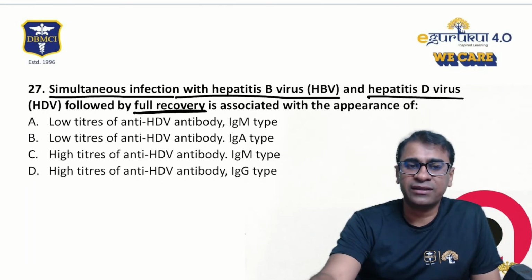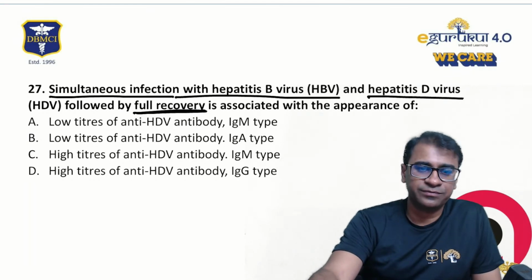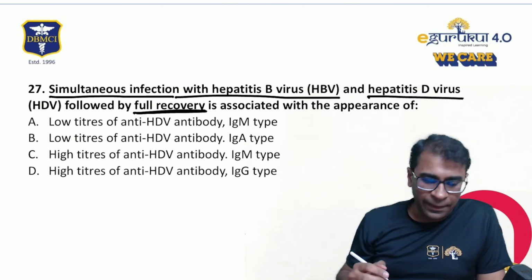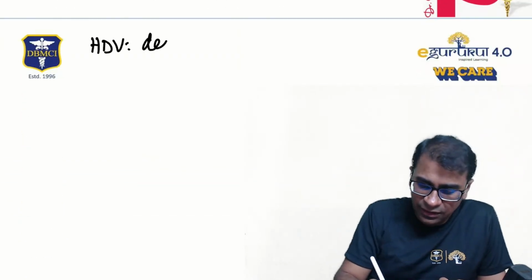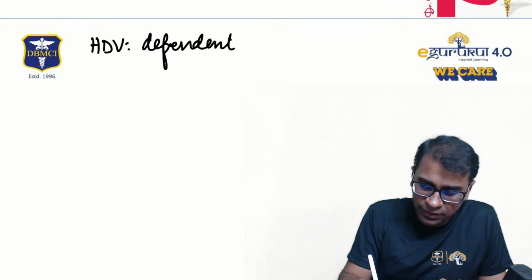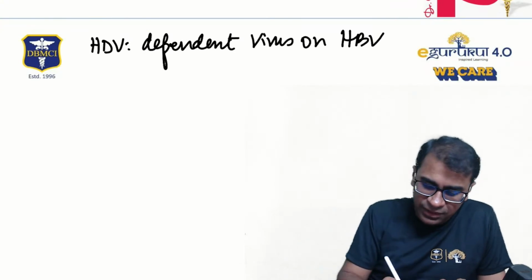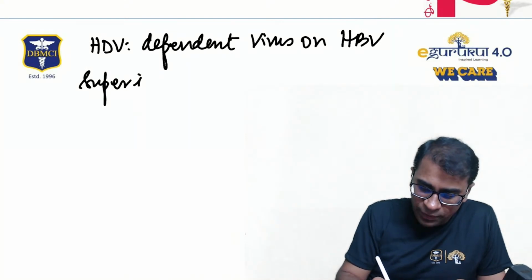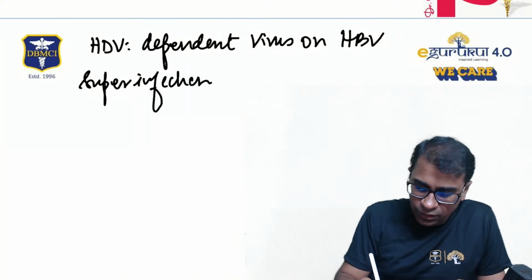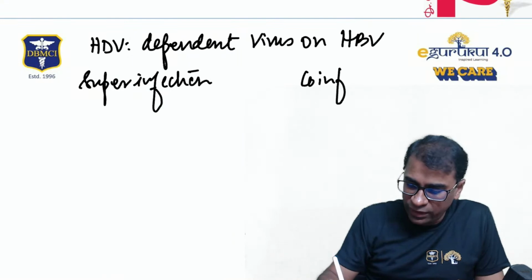What have you marked as the answer here? Look, you all know HDV is a dependent virus, dependent on what? HBV. It can be either a superinfection or a co-infection.